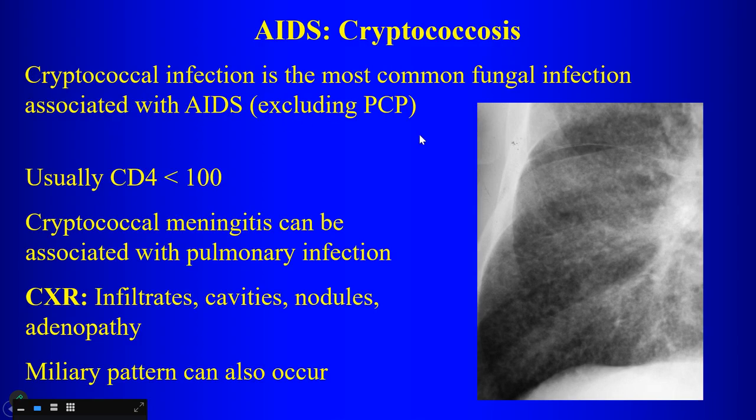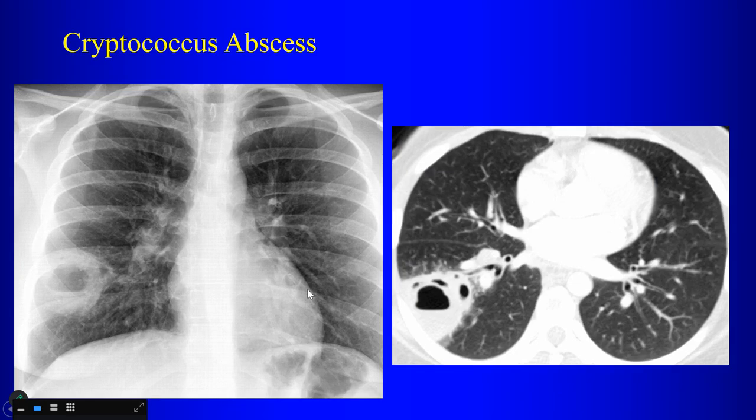It's the most common fungal infection, if you're excluding pneumocystis, associated with AIDS. So it's associated with low CD4 count, can be associated with cryptococcal meningitis, right? Can give you a miliary pattern of infection also with multiple small nodules, right? So in addition to TB, also consider fungal infections like cryptococcus.